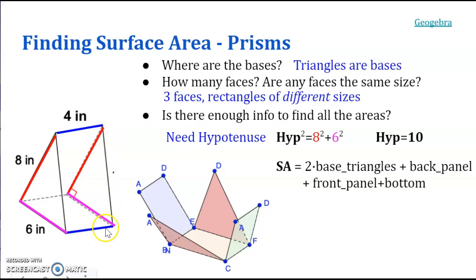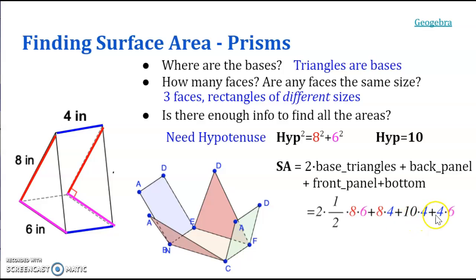Do we know this length? This is going to be the same as 4 inches. So it's going to be 10 times 4. So that's 10 times 4 is the front panel. The purple panel is going to be, this length is going to be 4. This length is going to be 8. So 4 times 8. And the bottom panel is going to be, this length is 6. This length is 4.